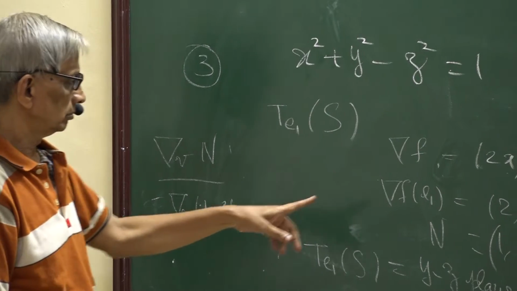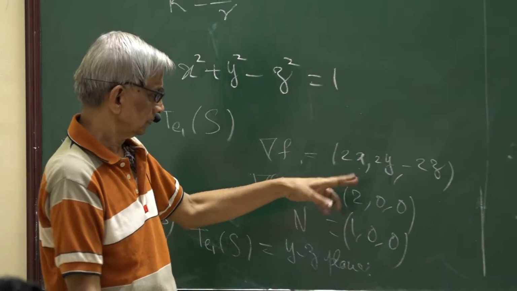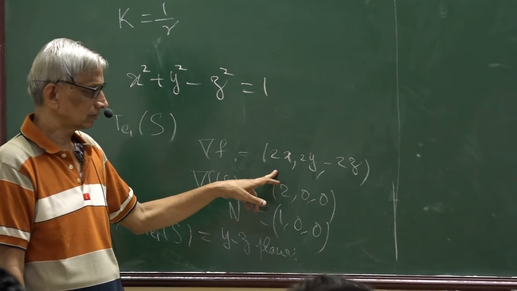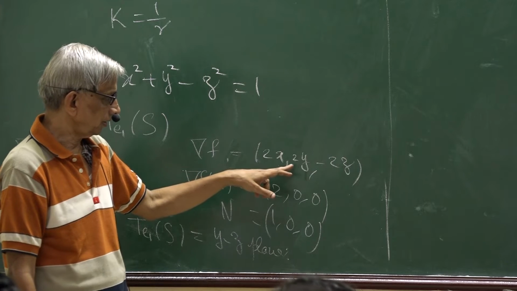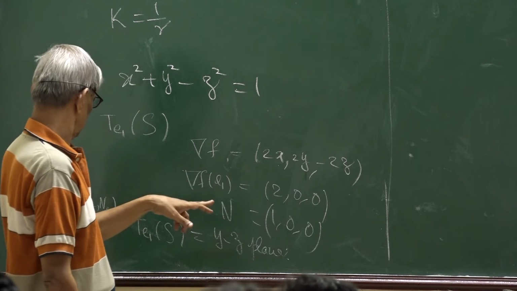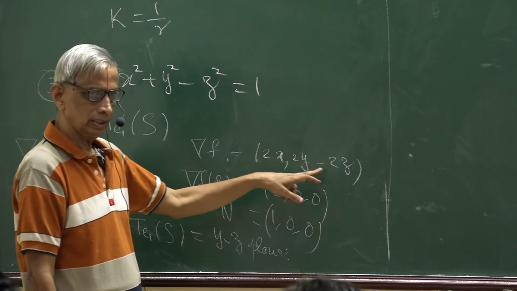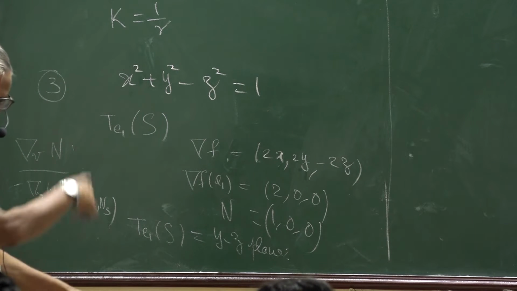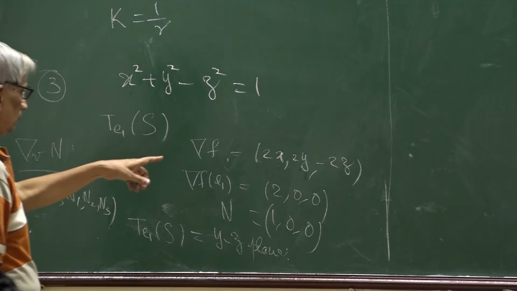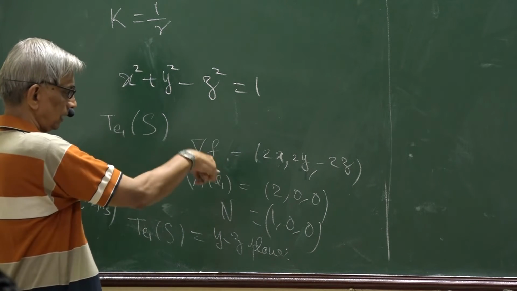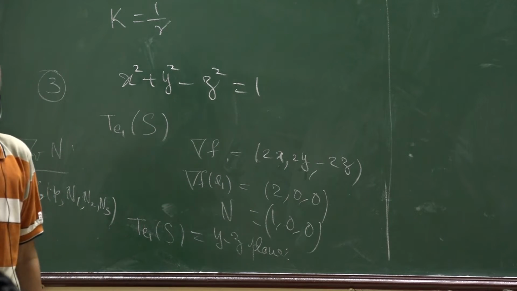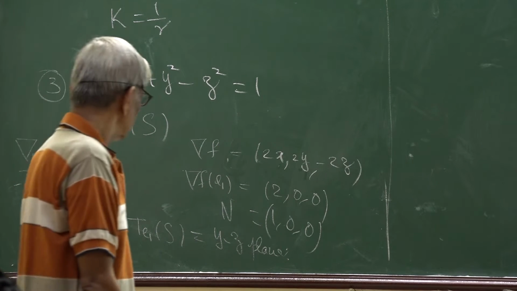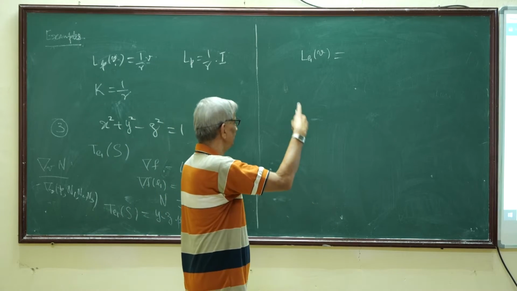N1, you have to normalize this. So (x, y, minus z), and then you have to divide by something there, 1 over... let's take a unit vector.